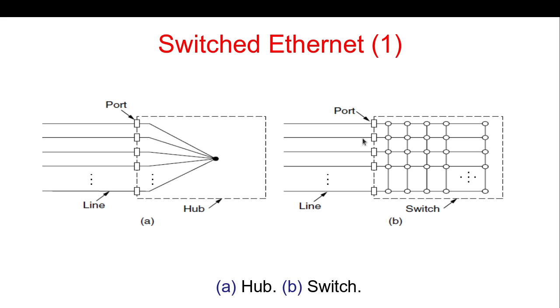That is the difference. And that's why the bandwidth is not shared amongst all. The same bandwidth is available to each of the machines individually. That is the difference between using hub and switch. That's why the efficiency and performance is more in switch.